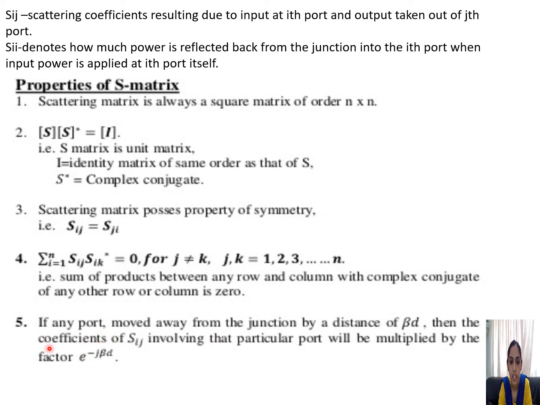So we have any number of ports in a microwave device. If we move one particular port by a distance d, then the coefficients of that corresponding port should be multiplied by a factor of e raised to minus j beta d. So these are the 5 properties of S matrix which you have to study.